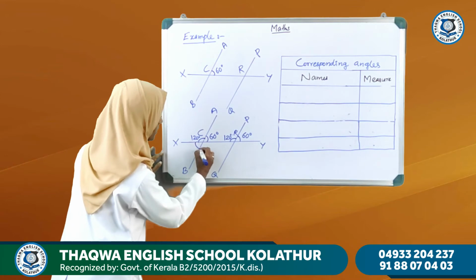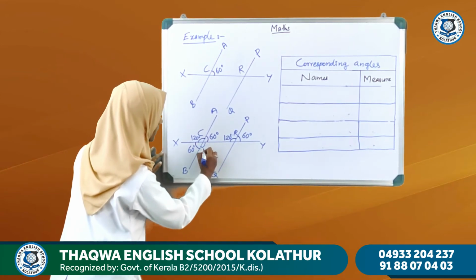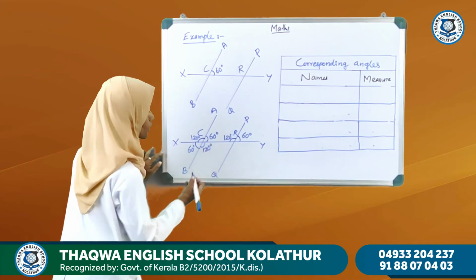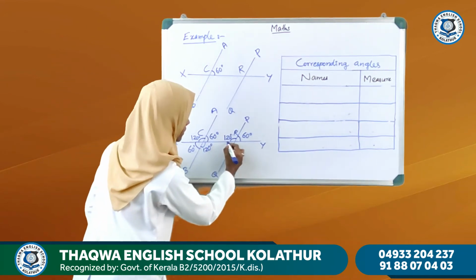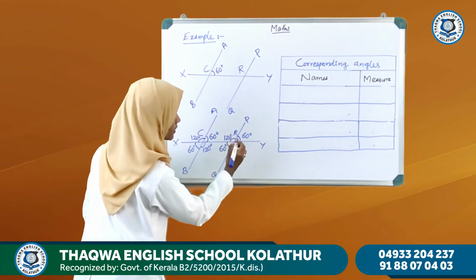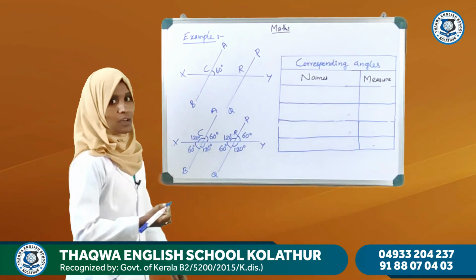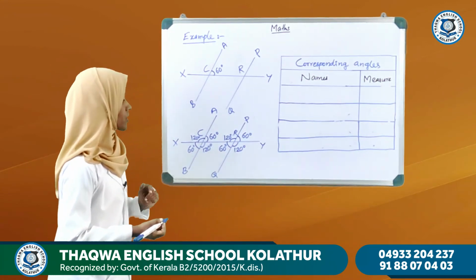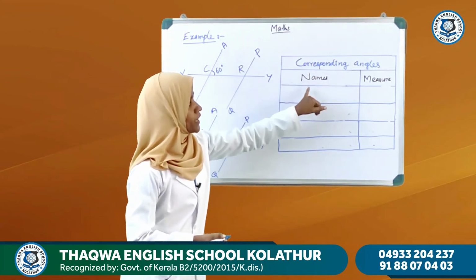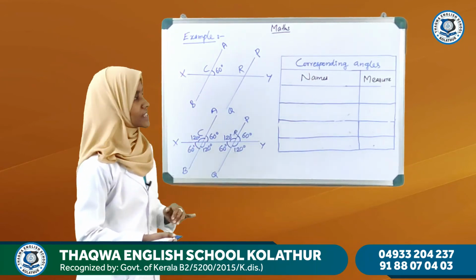The next, the opposite angle is 60 degree. So here 120. Then here the angle is 60 degree, opposite of 60. Then here 120.